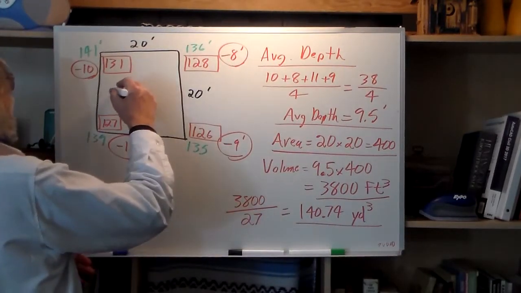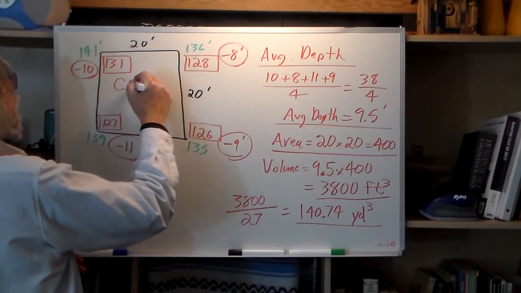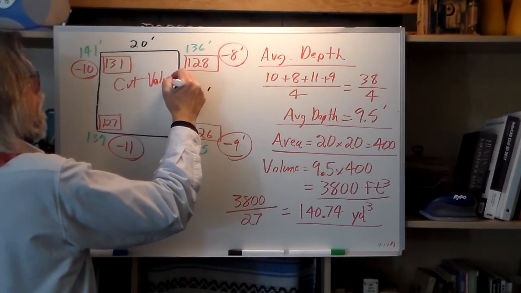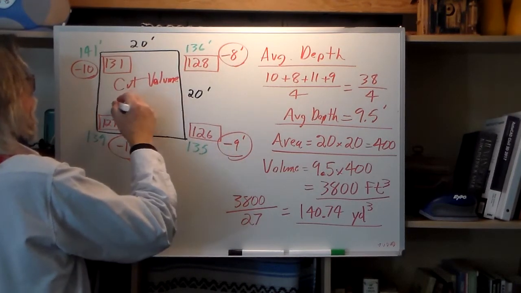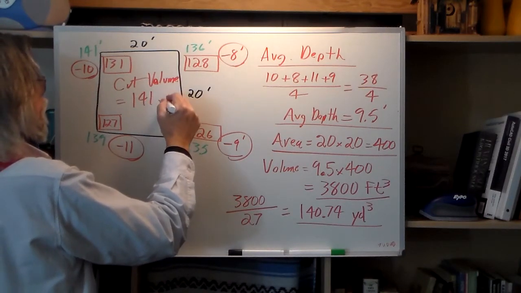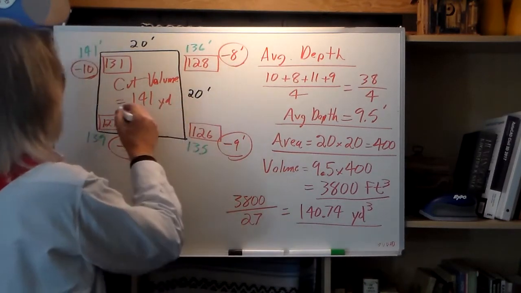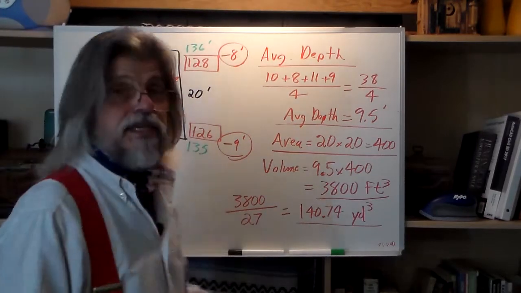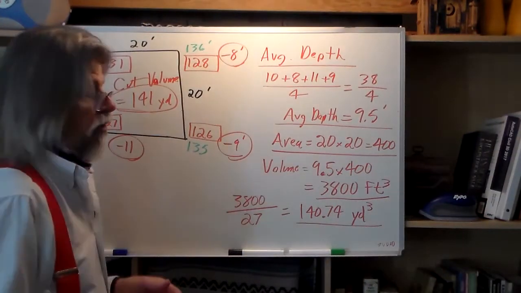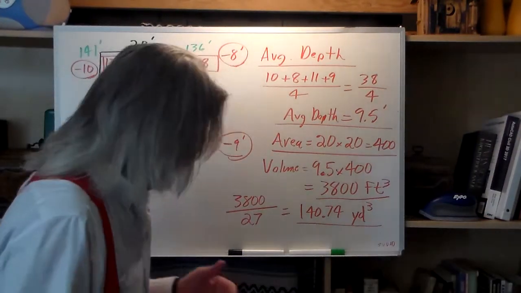So this is a cut volume equals 141 yards. And that is a very straightforward and simple example of how this works.